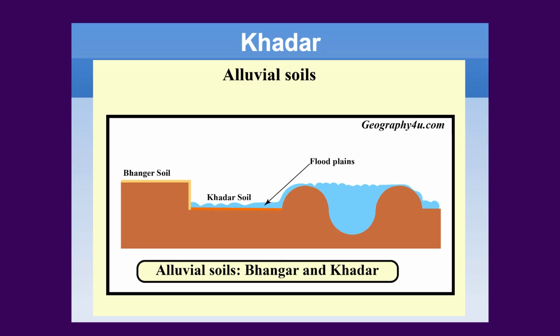Next one is Khadar, composed of newer alluvium and forms the floodplains along the river banks, which is light in color, sandy in texture and more porous, found near the river beds. A new layer of alluvium is deposited by river floods almost every year.